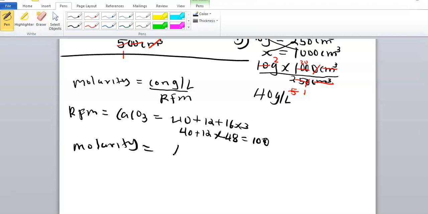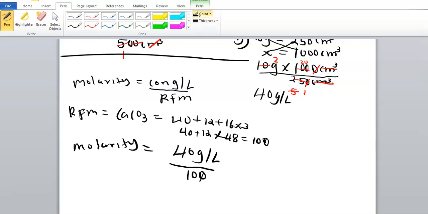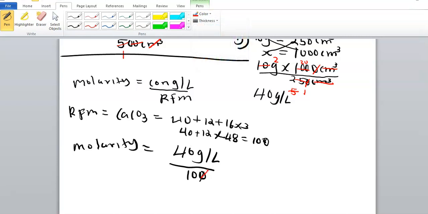Okay, we have 40 gram per liter for concentration over RFM, which is 100. Then when you divide, this is what you get. You cancel 0 and 0. Then here you have 2 over 5.